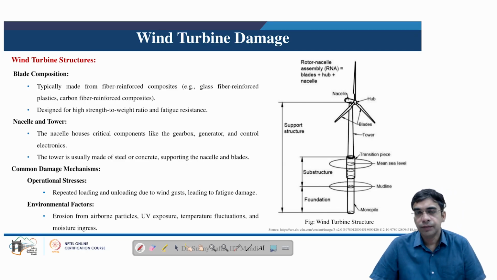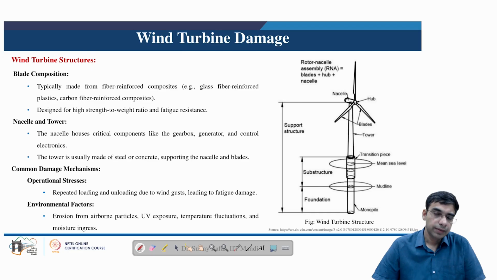As we have seen, the wind turbine structures are made up of different materials. Primarily, the blades of the wind turbine are typically made from fiber reinforced composites, for example, glass fiber reinforced plastics or carbon fiber reinforced composites. These are made with the objective to design for high strength to weight ratio and good fatigue resistance.